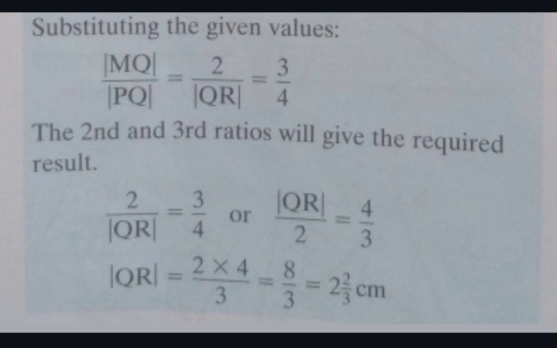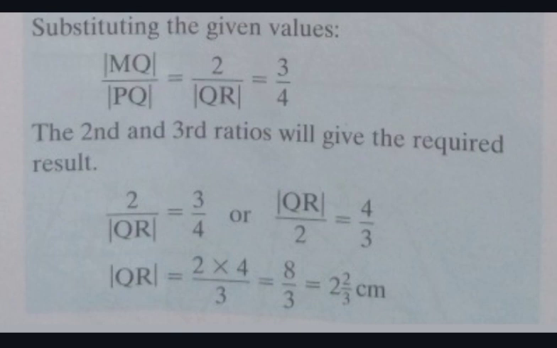So 2 over QR will be equal to 3 over 4, or we can interchange the denominator and the numerator such that QR over 2 will be equal to 4 over 3, and QR will be equal to 2 times 4 over 3, which is 8 over 3, which is 2 and 2 over 3 centimeters.